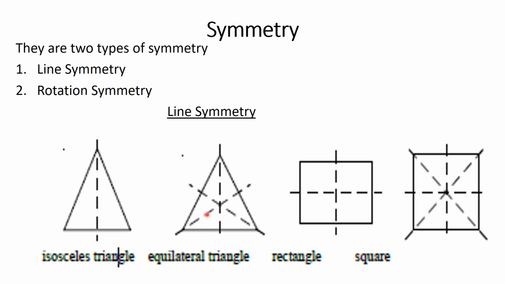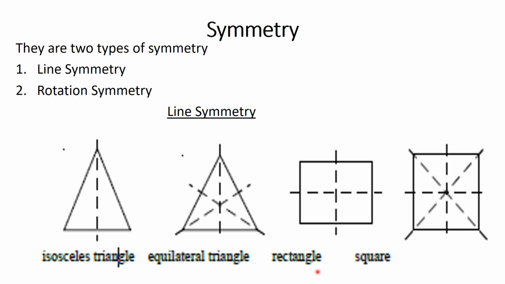You can also divide it here. If you draw a line here, this side is going to be the same as this side. Again, if you draw a line here, this side is going to be the same as this side. I'm going to do illustrations for you just to be able to imagine the symmetry, but we're going to do that later after we look at rotation symmetry.